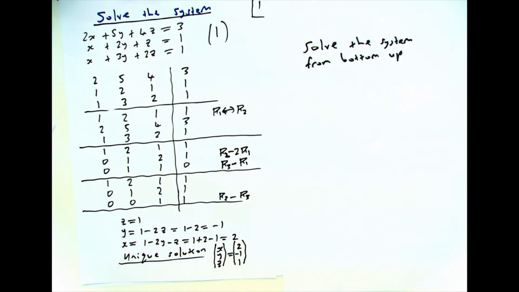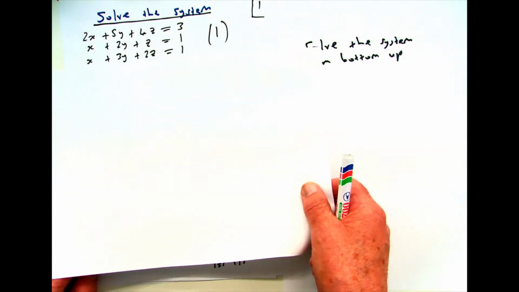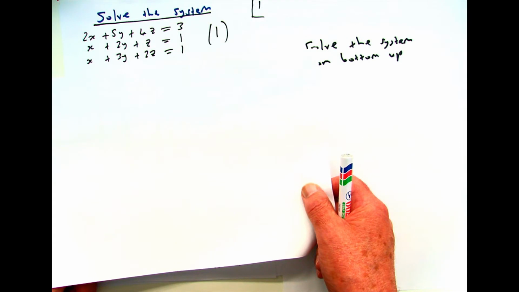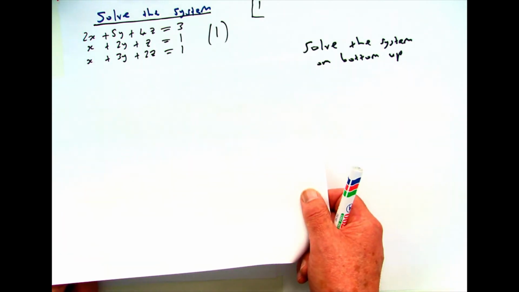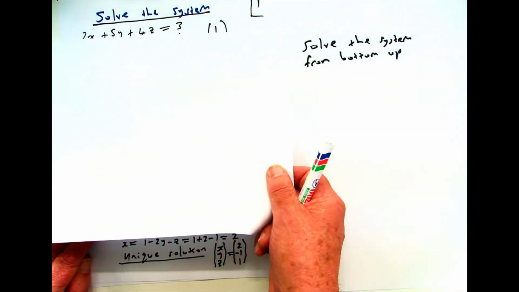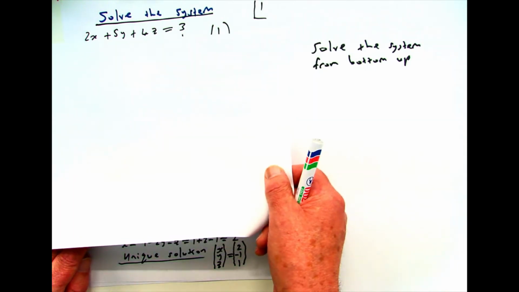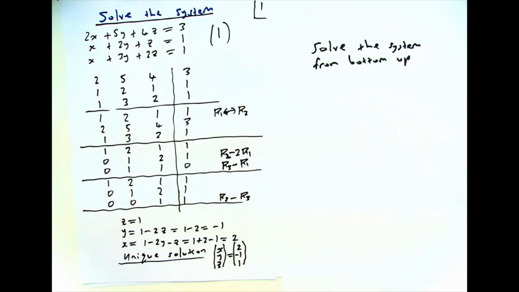Now if you want to be sure that this is right, what you have to do is go back to the original system and check that these values for x, y, and z are actually solutions of the original system. X is 2, y is minus 1, z is 1. Substitute into the original system and make sure that all these equations are satisfied. Then you know that your answer is right.